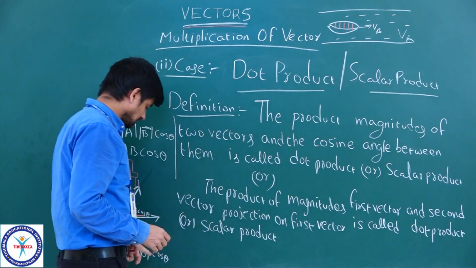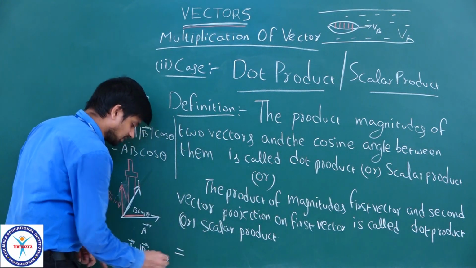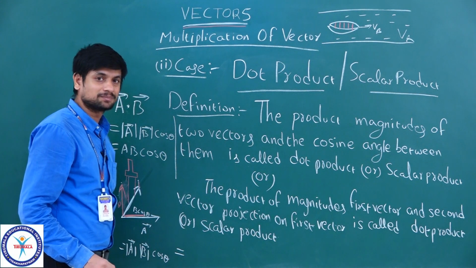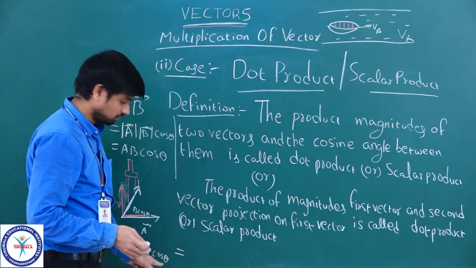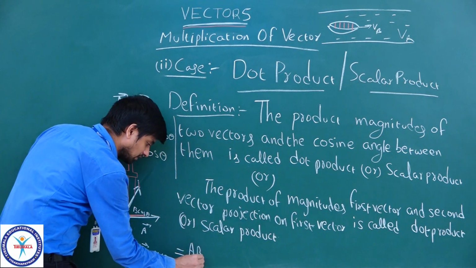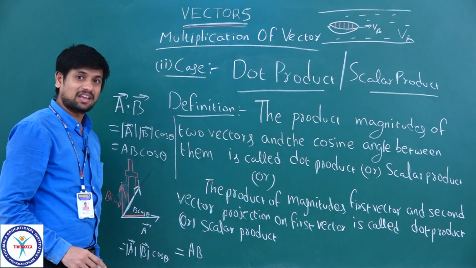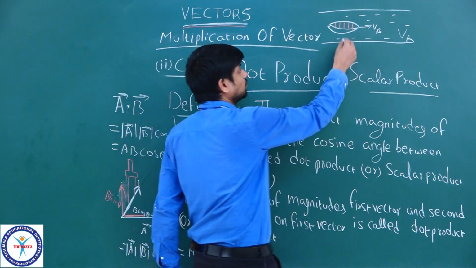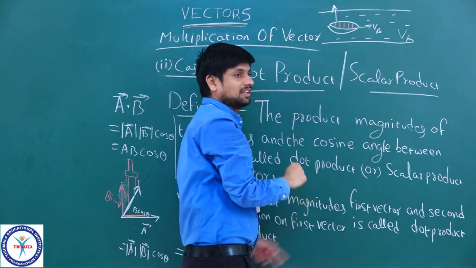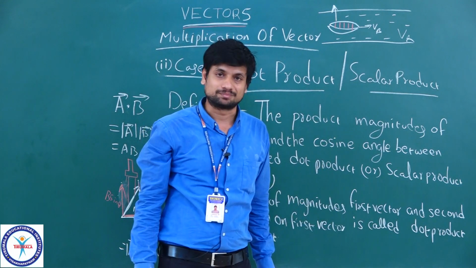That means, see here, apply the angle's value, cos 0, how much, children? If they are parallel, what is the angle, children? 0. Cos 0, you will get simply AB. Take the maximum angle 90 degrees, cos 90 is 0.